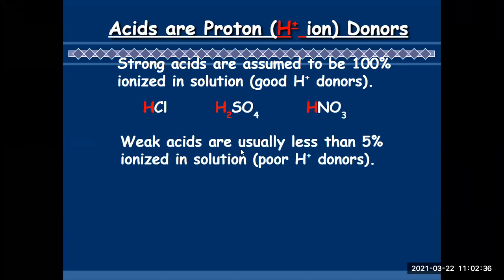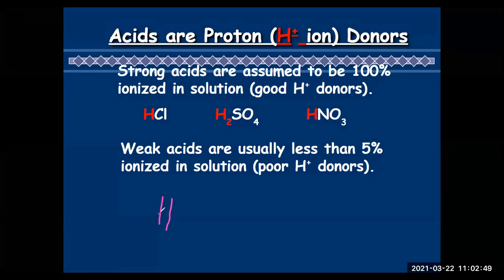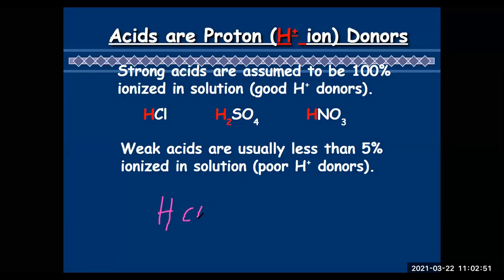Weak acids are usually less than 5% ionized. What do you mean by 5% ionized? Now, what do you mean by 100% ionized? This means that when they break up, let's say you have HCl aqueous ionizing, this way you have H plus and Cl minus.